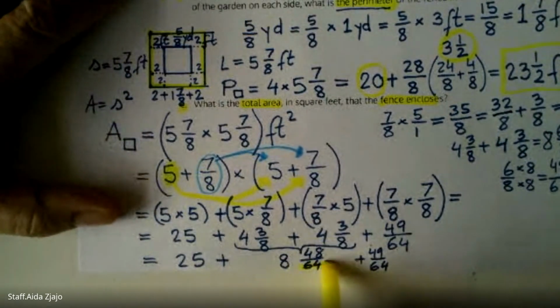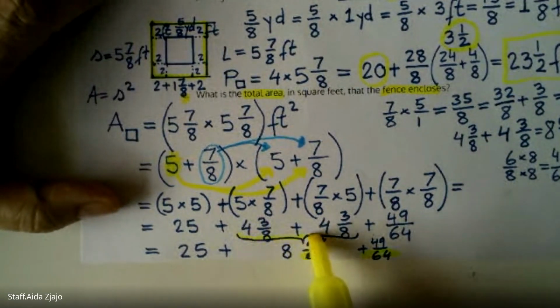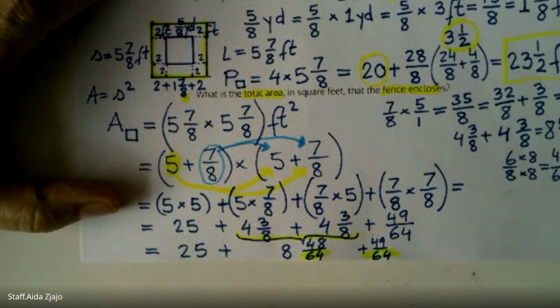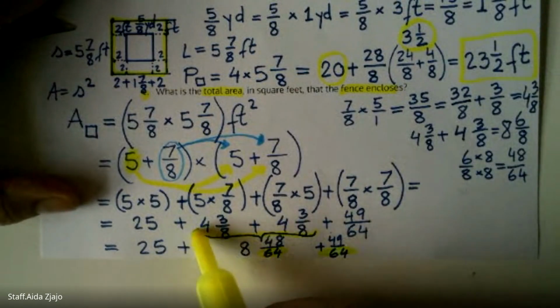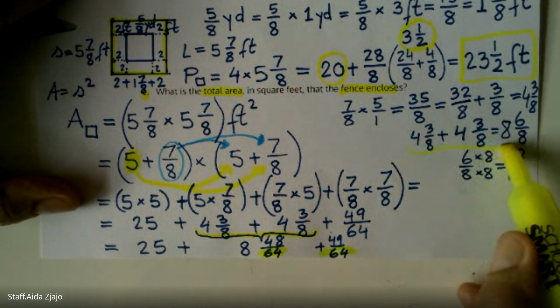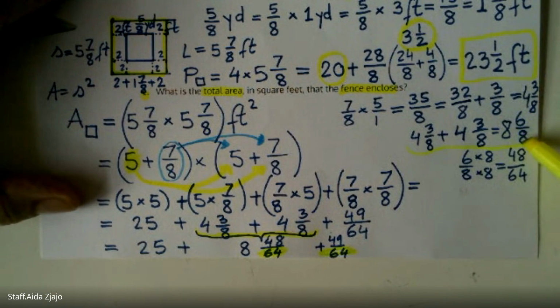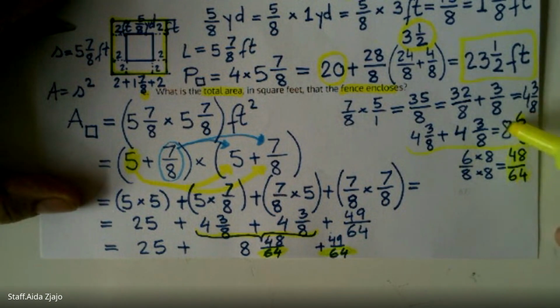Now the pieces are the same. As you can see, I calculated this on the side. I add 4 and 3/8 plus 4 and 3/8. It becomes 8 and 6/8, and then I change 6/8 into 48/64. So the final answer is 8 and 48/64.